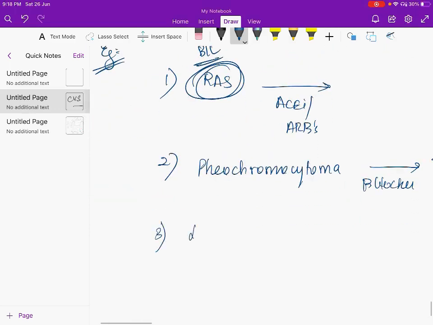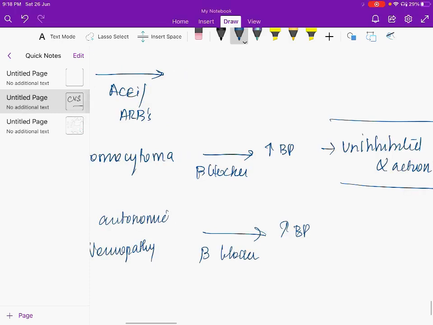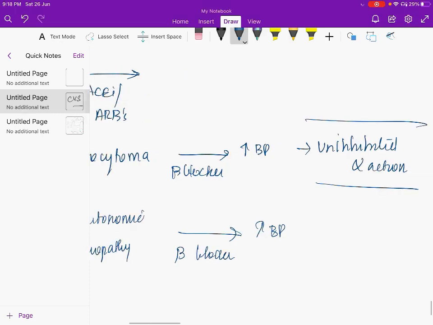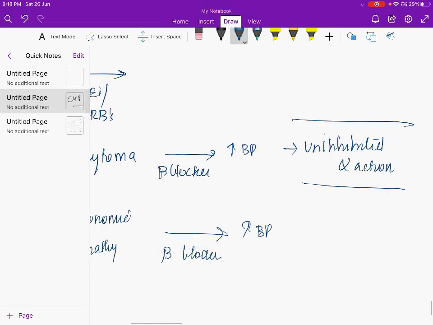Similarly, in a patient with diabetic autonomic neuropathy, if you give beta blockers, the patient will have raised BP. Why? In a diabetic patient, if you give beta blocker, the patients are more prone to hypoglycemia.